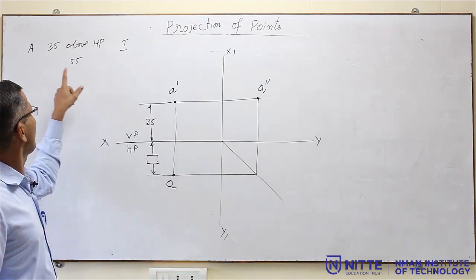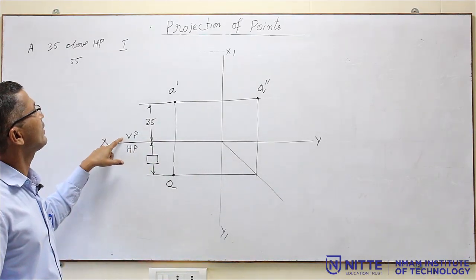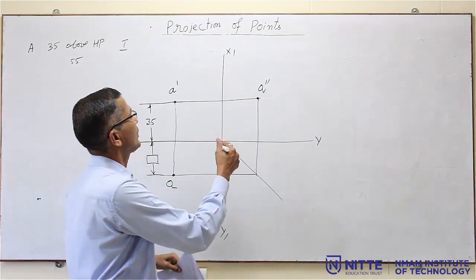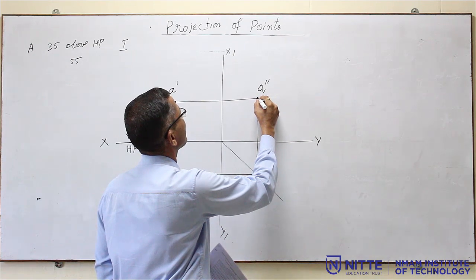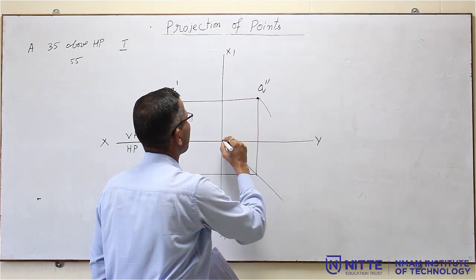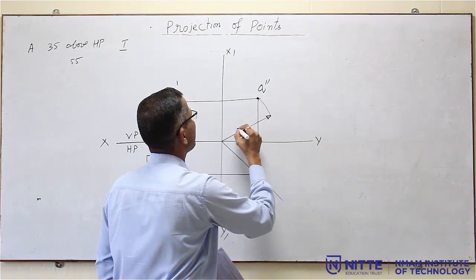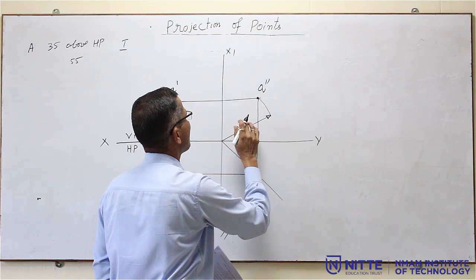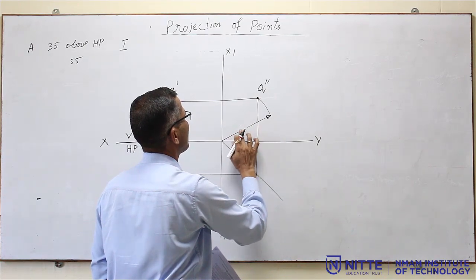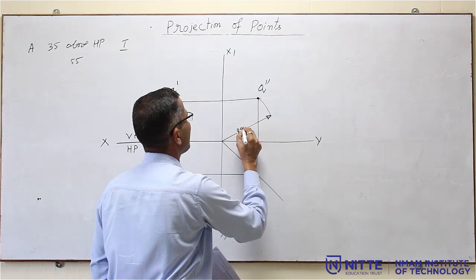Now, this is the solution for the problem number 11, which is located in the first quadrant. They have mentioned this shortest distance, so you can show it as an arc. This radius is 55, and you can mention it as R55.